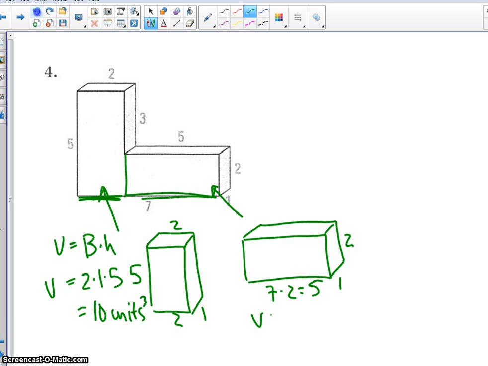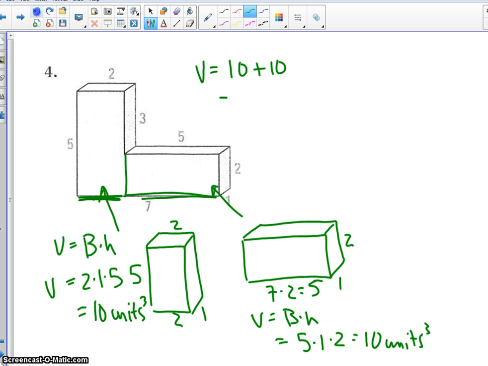So volume, area of the base times the height. In this case the base is 5 and 1, so we have 5 times 1 times 2. So again it's 10 units cubed. So our total volume is going to be 10 plus 10, or 20 units cubed. So that would be number 4, one way to do it.